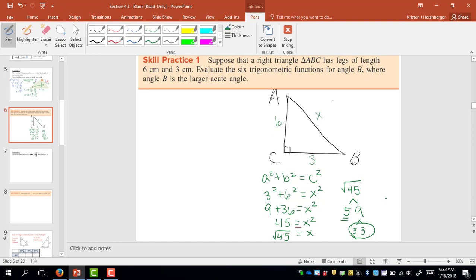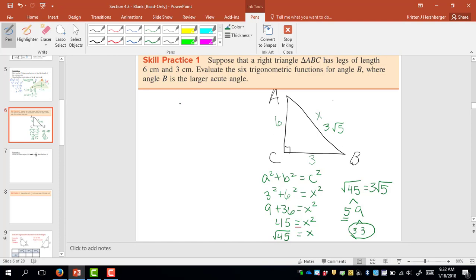So since we have a pair of 3s, what that means is that taking the square root of 3 times 3 would just give you 3 outside of the radical. So everywhere you have a pair, it comes out of the radical, and then whatever you don't have a pair of is left over on the inside. So the square root of 45 is equal to 3 times the square root of 5. So our hypotenuse here is 3 square root of 5.